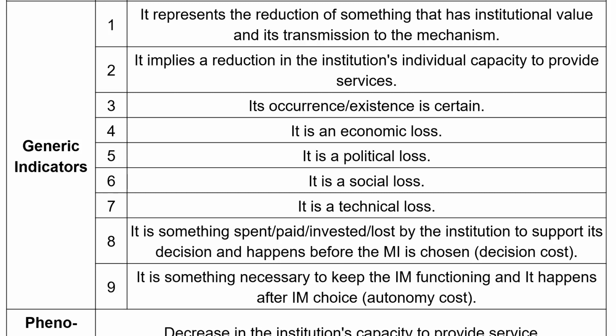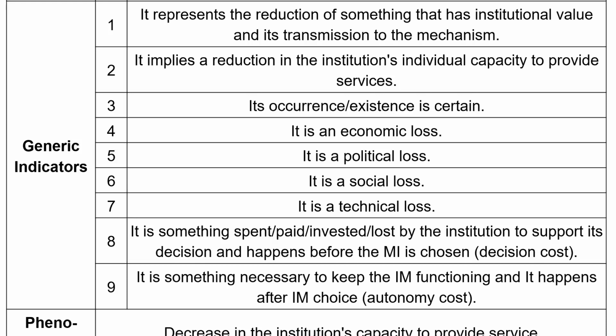It implies a reduction in the institution's individual capacity or capability to provide service. Like it's basically the same thing I told you in the attributes. All other generic indicators are basically the attributes with other words.